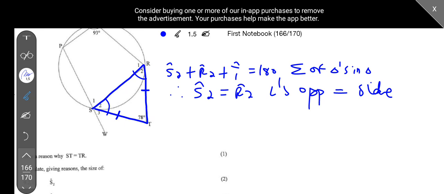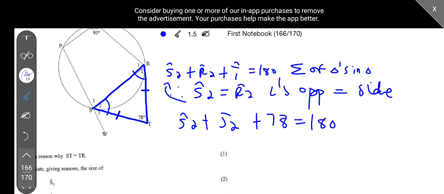So, plugging this in there, we get S2 plus S2 plus angle T, which is 78, equal to 180 degrees. So angle S2 plus angle S2 is equal to 2 angle S2 and is equal to 180 minus 78. So let's see. 180 minus 78 gives us 102.